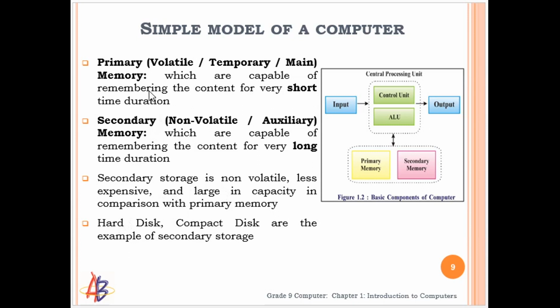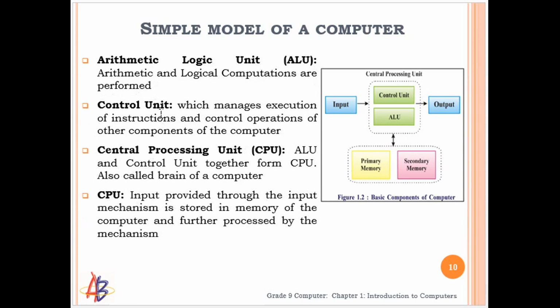For primary memory, remember that RAM and ROM are primary memory, and for secondary memory, hard disk and compact disk are examples. So in the simple model of a computer, up till now we have seen the input block and the memory block. Next, we will study the third unit, that is the central processing unit.